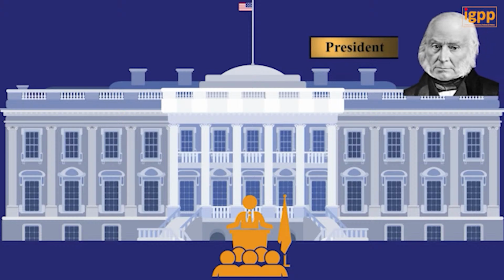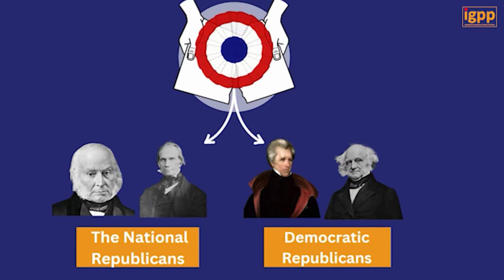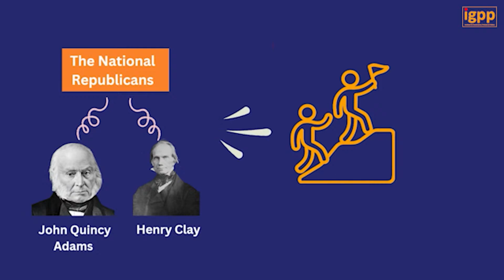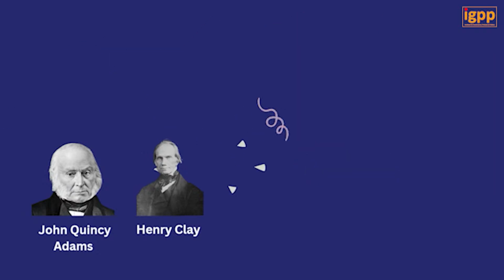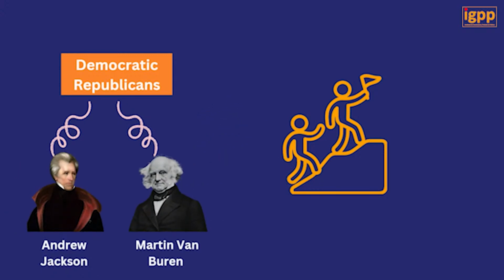The National Republicans, who became the nucleus of the Whig Party in the 1830s and were led by John Quincy Adams and Henry Clay, while the Democratic Republicans were organized by Martin Van Buren and were led by Andrew Jackson.